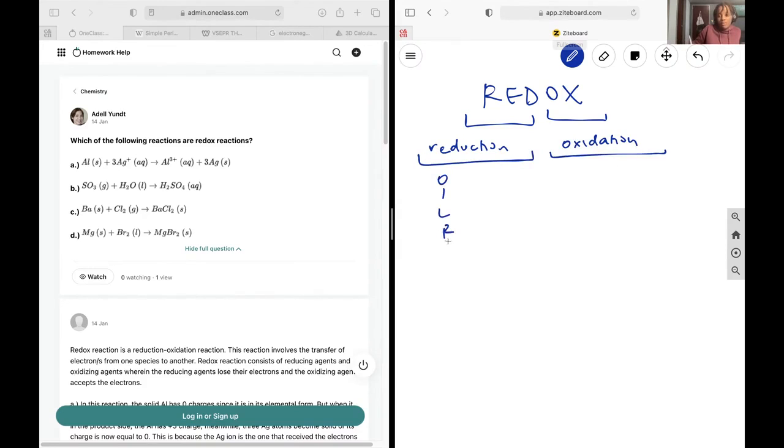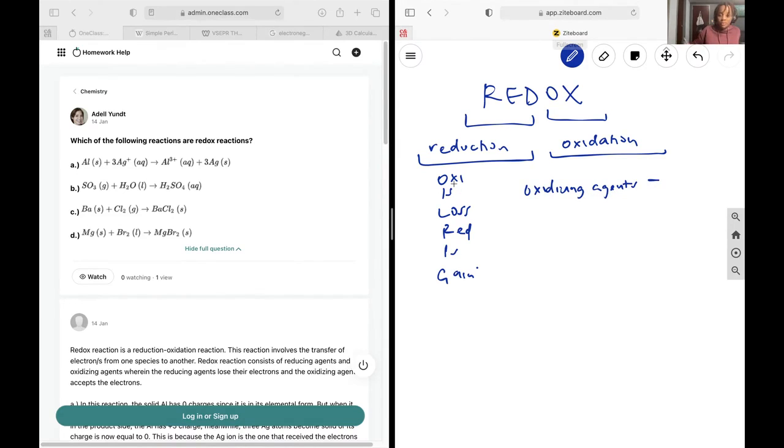A quick way to remember what these mean is to just use the acronym OILRIG: oxidation is the loss of electrons, and reduction is the gain of electrons. In redox reactions, you will have oxidizing agents. This will be the species responsible for oxidizing another one.